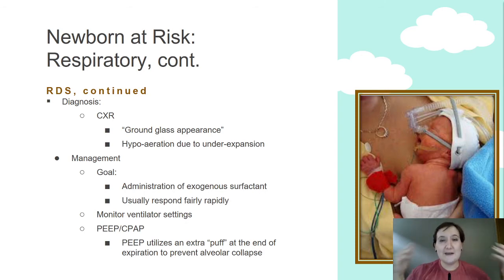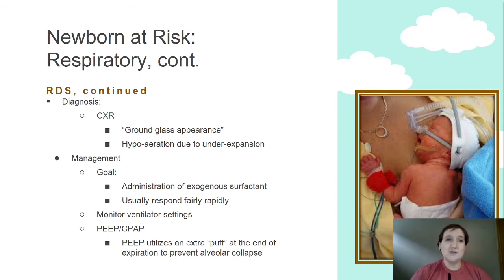We do not have to disconnect them at all from their airway equipment in order to give them that exogenous surfactant. Okay, we're able to give it through their vent, through their CPAP, through their BiPAP, whatever it may be. When you're looking at ventilator settings, we're going to be concerned about the PEEP.